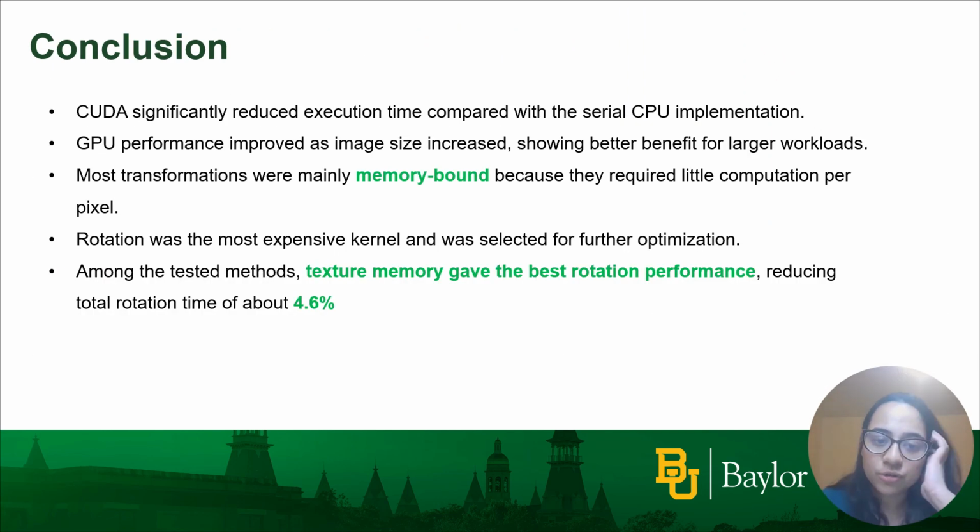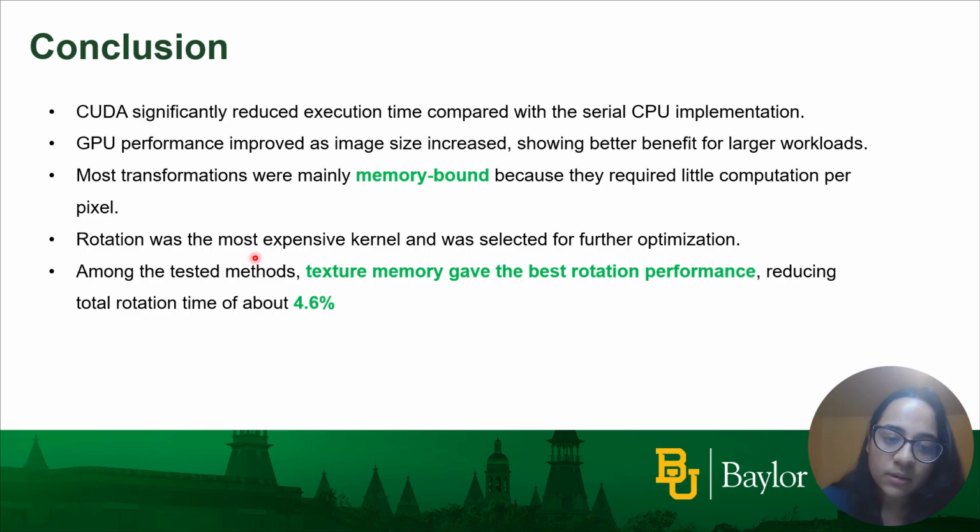Now for the conclusion, we can see that CUDA code significantly reduced the execution time compared with the CPU execution, and as the image size increases, GPU performance increases. Most transformations I used here are memory bound because they have little floating point operations.